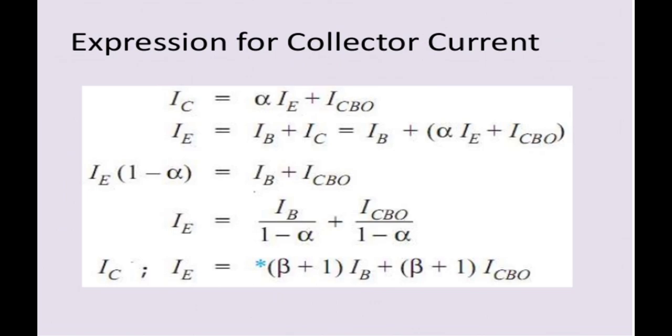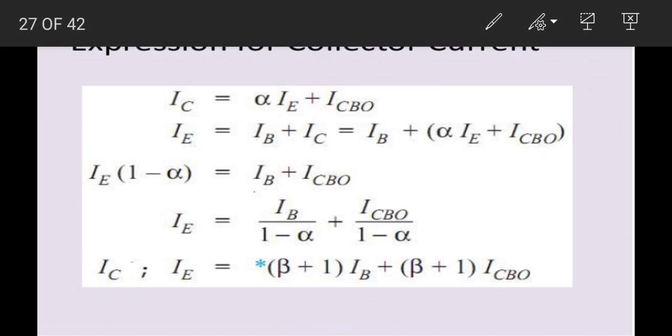We already know IC is equal to alpha IE plus ICBO, the common base current equation. We also know that IE is equal to IB plus IC.